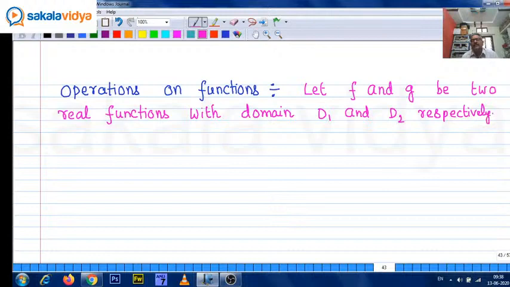That means d1 is the domain of the function f, and d2 is the domain of the function g.